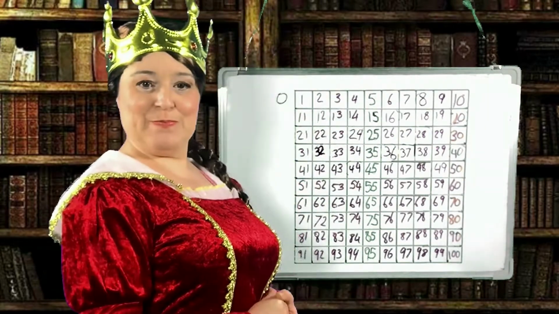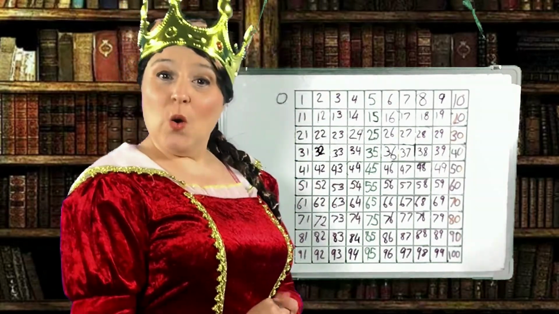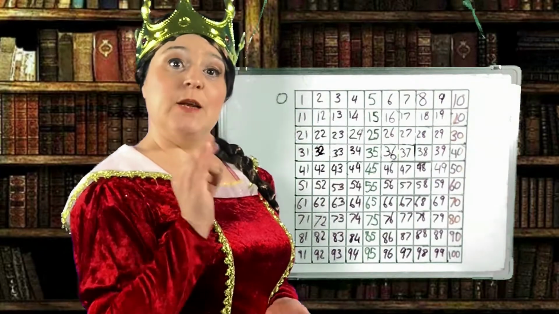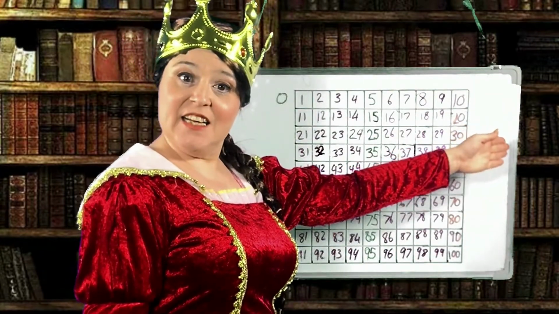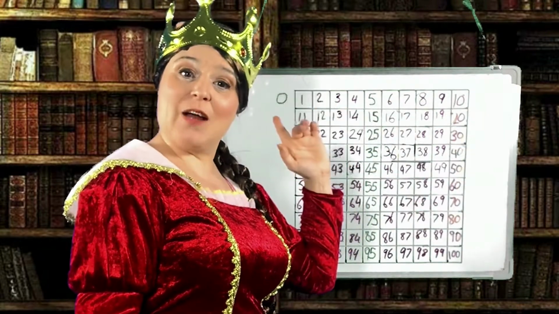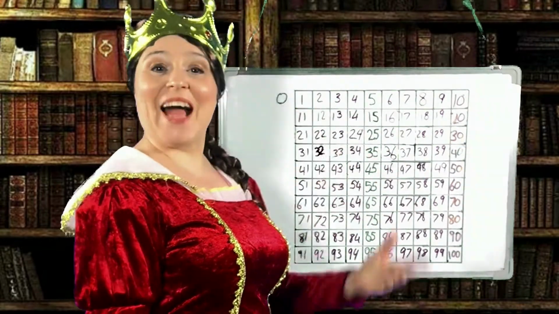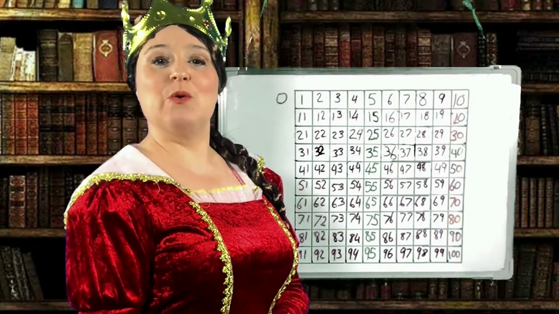Very good. Now, we are going to count in multiples of 2, starting from 30 and going backwards until we are back at 0.